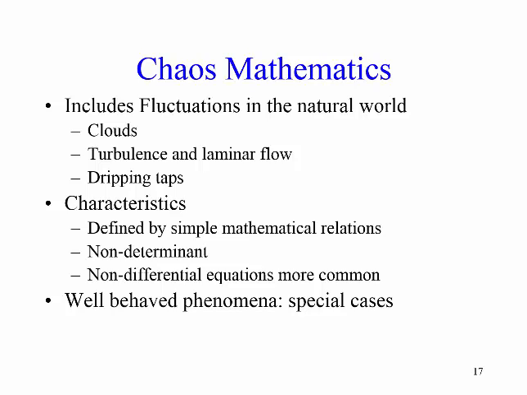That is, they're non-determinant. Technically, for the mathematically minded, we say that chaos mathematics relies on systems of non-differential equations. These are found to be more common, both conceptually in mathematics and physically in the physical world.